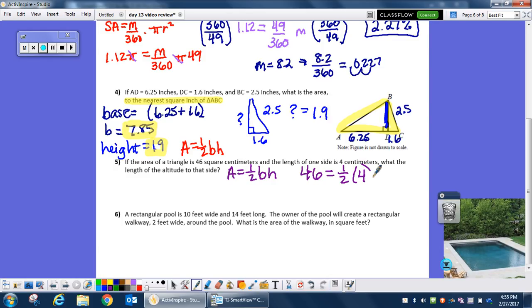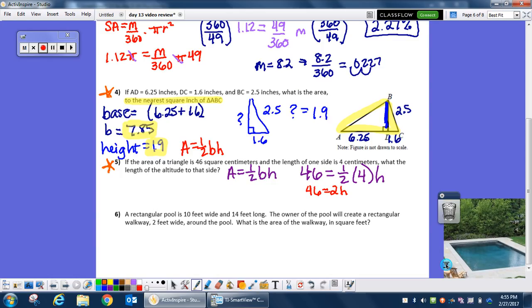Okay, so you definitely should be able to solve for h here. Okay, 46 equals 2 times h, and then as I'm walking around I will be looking for your h value. So maybe number 4 and number 5 are 2 that we're definitely going to check for accuracy because I did not give you those answers.